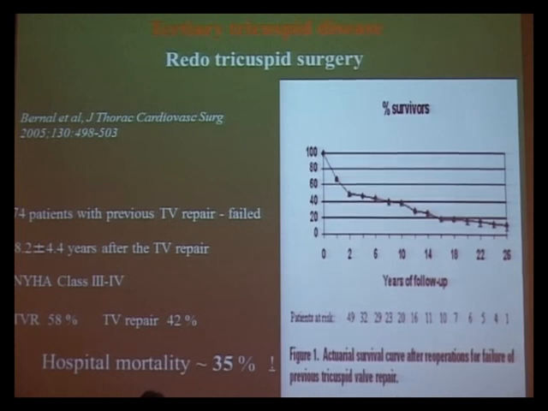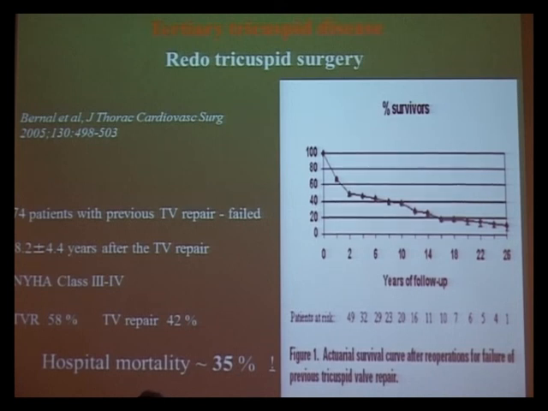But usually, I'll mention about technique, we perform on-pump surgery, but we don't cross-clamp. Therefore, I think our mortality can never be around 30%. It's always been less than 10%. Even 10% is a very high mortality.